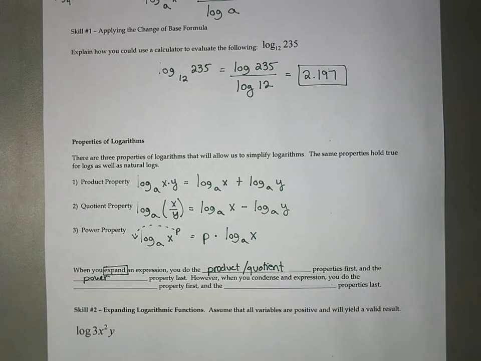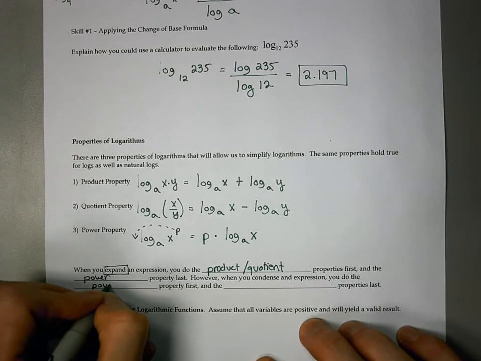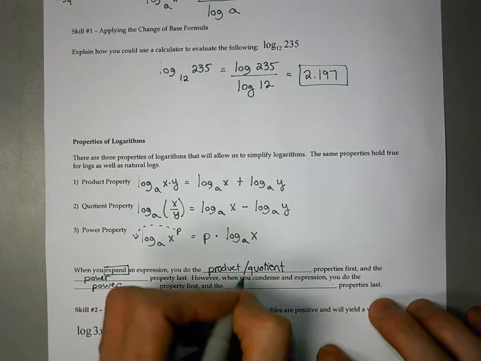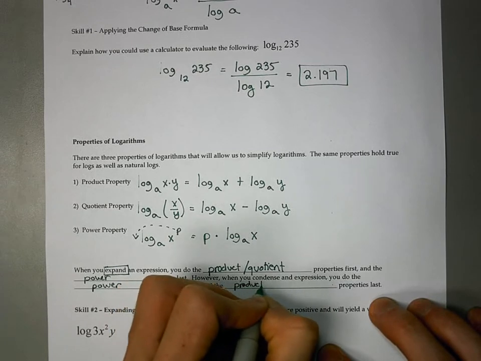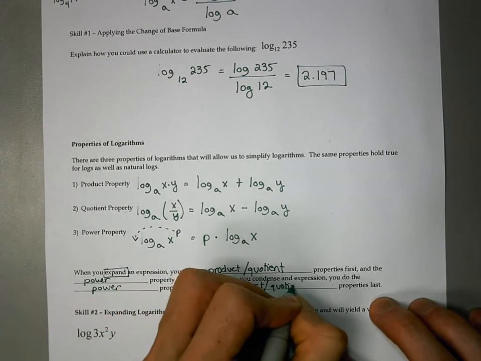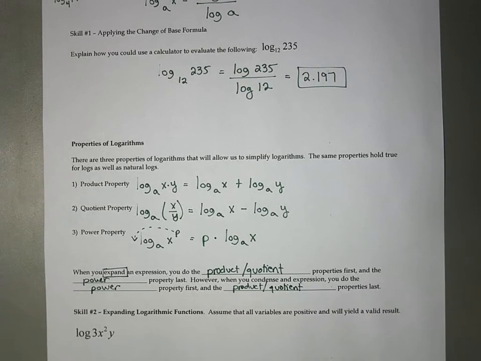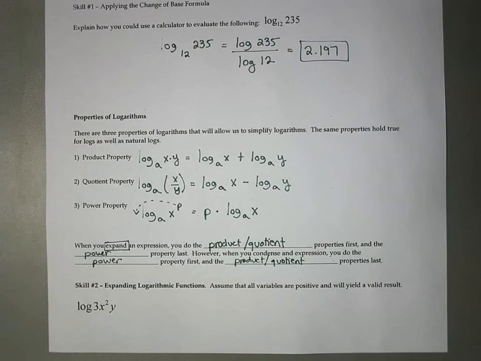However, when you condense an expression, which means you've got a long expression and you're going to make it really small, you do the power property first, and then the product and quotient properties last. And once again, we've got to be thinking about our parentheses. If we have anything in parentheses, that gets done first. So this works 90% of the time, and this is the mindset that you want to have as you go about solving.